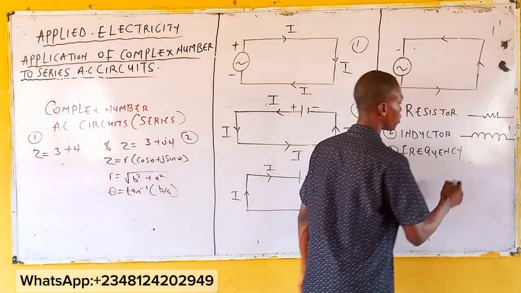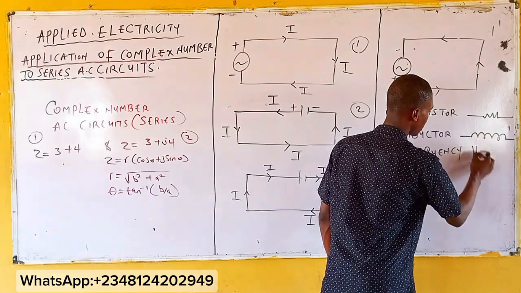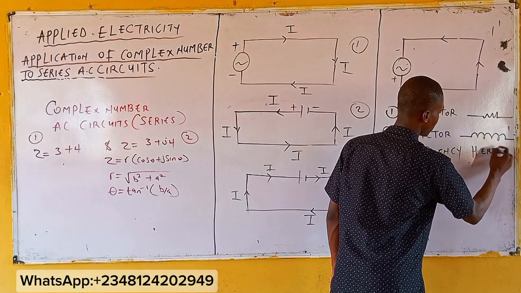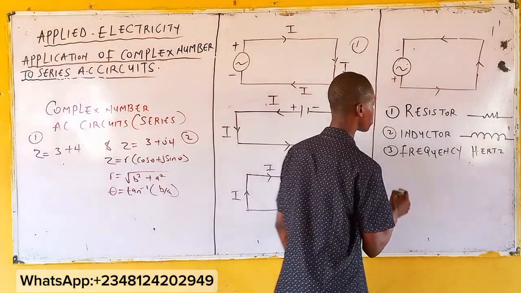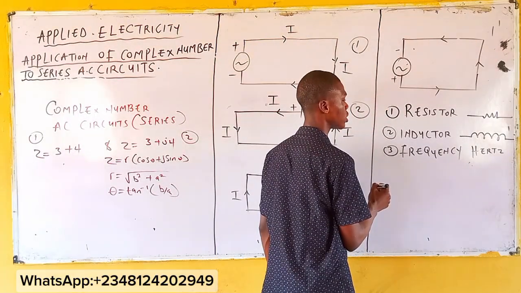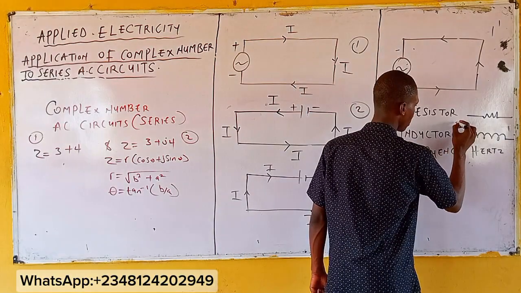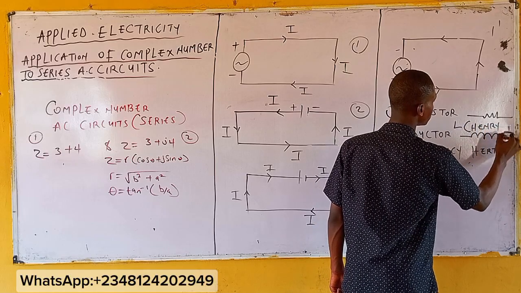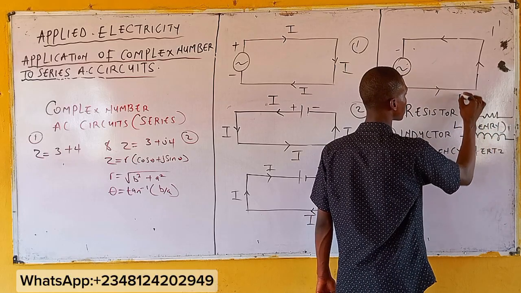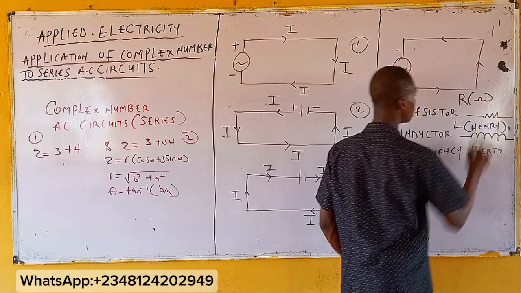Now frequency, what's the unit of frequency? Is this correct? Yes. This is frequency. Your inductor is represented with what letter? L. What's the unit? Henry. Your resistor with what letter? R. What's the unit? Ohms.